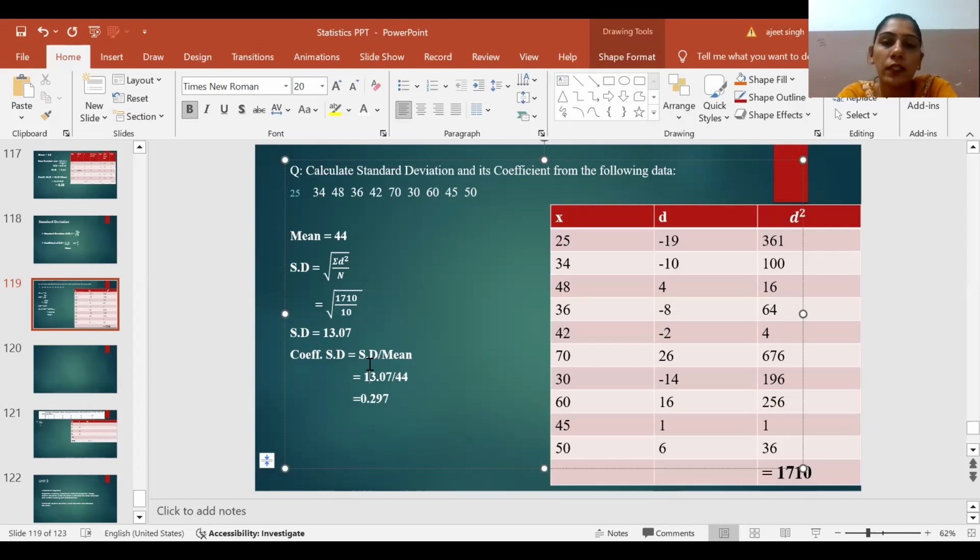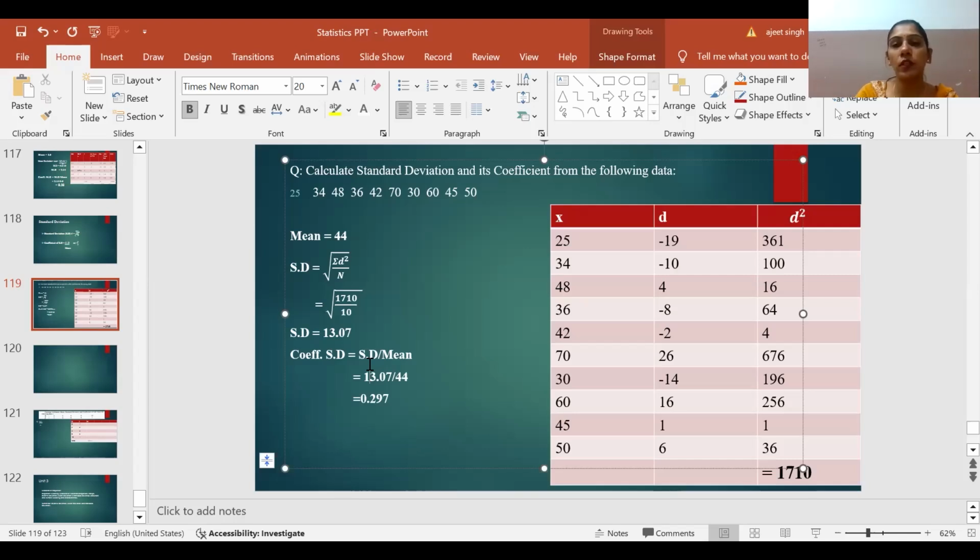So while calculating standard deviation, first of all we have to calculate the mean of a given series. After that, we will calculate the value of d. The method of calculating d is x minus x bar. X bar is mean, we denote mean with the symbol x bar. So x minus mean is the value of d. After calculating the value of d, we calculate d square, then the sum of d square.